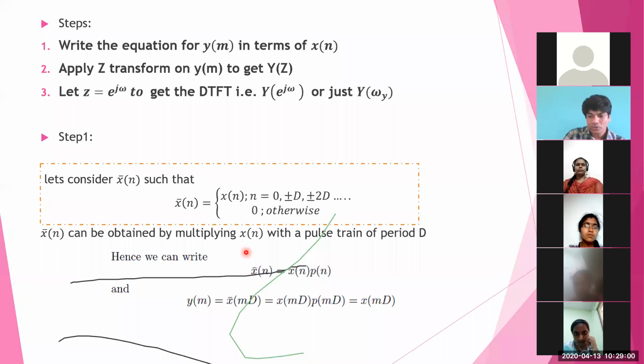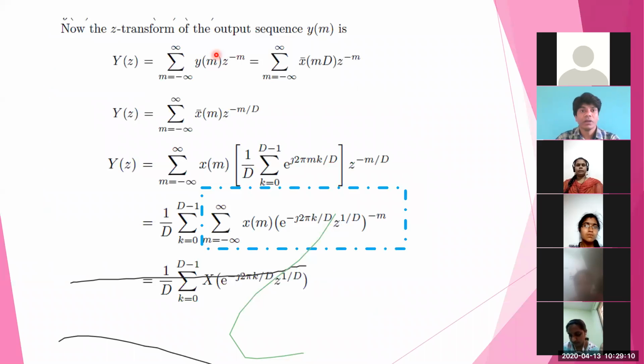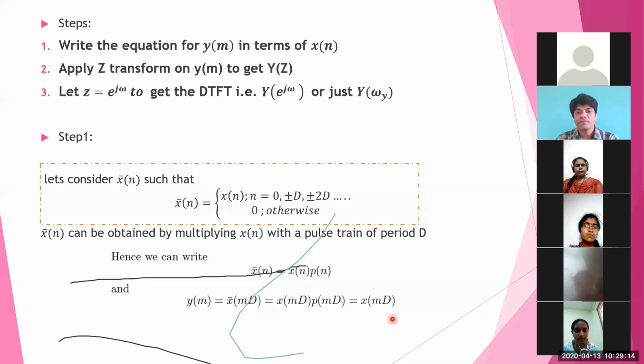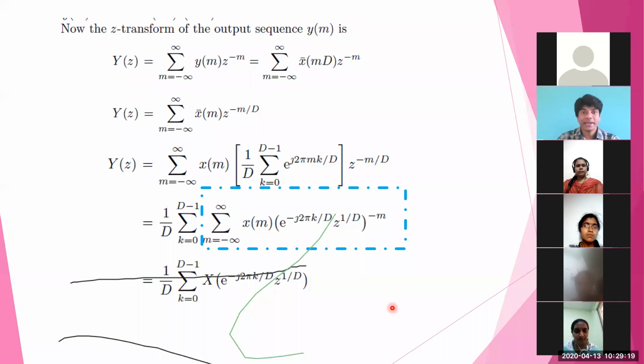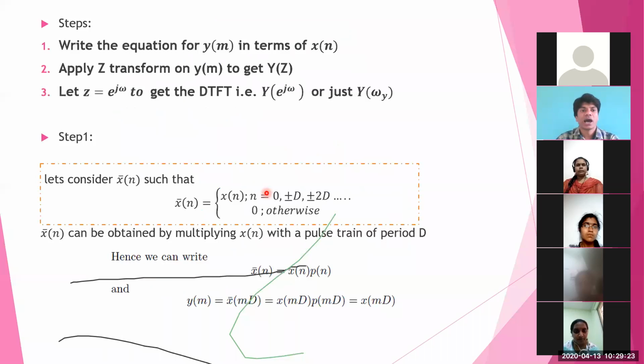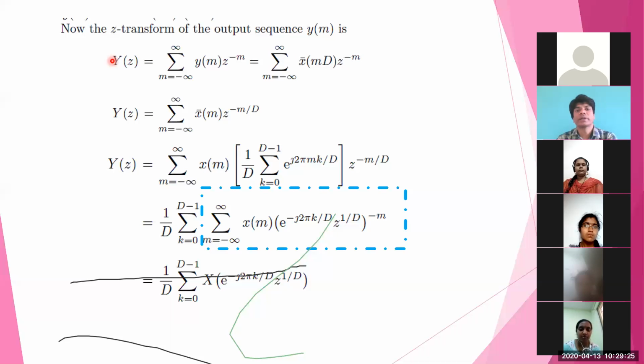I want you to go through this particular thing. I'll just walk you through the process. Our goal is to find y of m, which in fact will come out as x of mD, and then apply Z transform onto that. This is what I get.